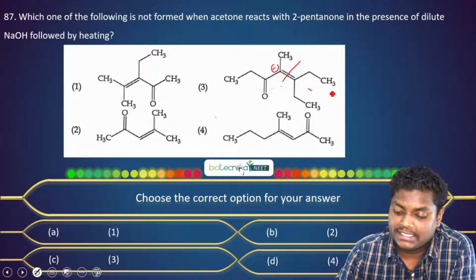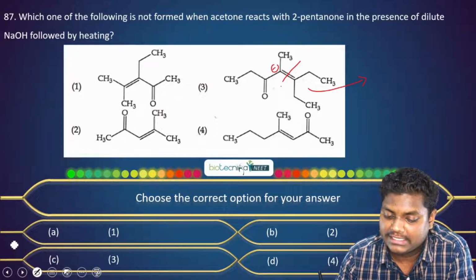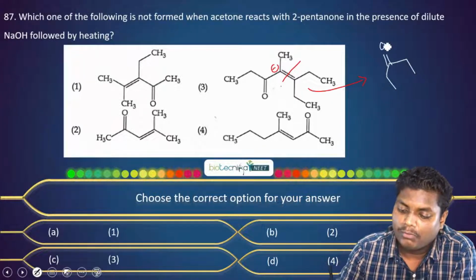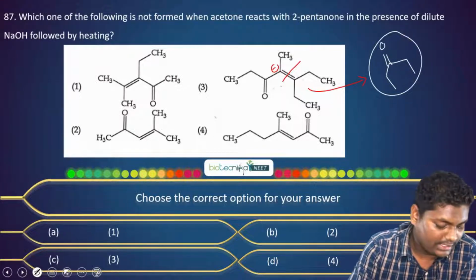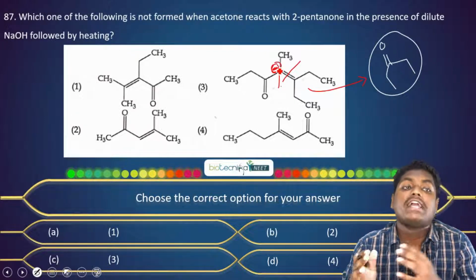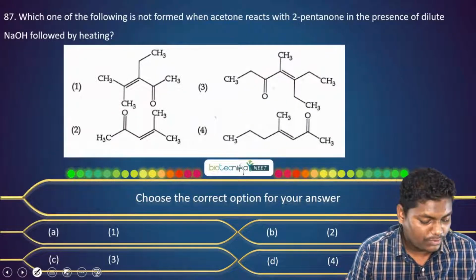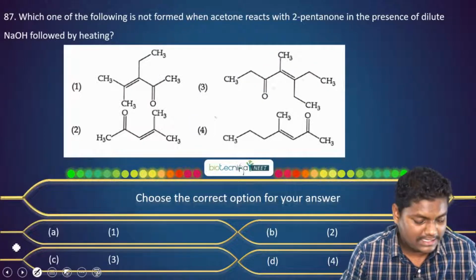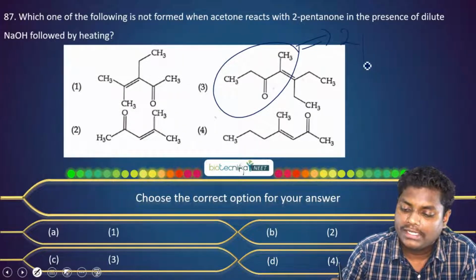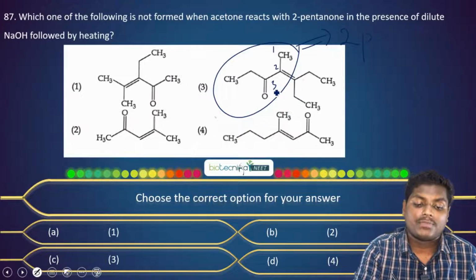So if we are breaking this, we'll be getting one compound and the other compound; for the other compound this will be the carbanion, so an H will be associated with it. So we can see that this substrate is not 2-pentanone. Rather, you can count 1, 2, 3. It is 3-pentanone. So this product cannot be formed.